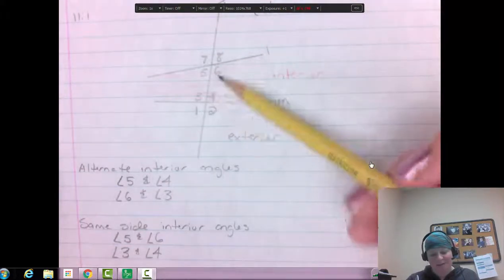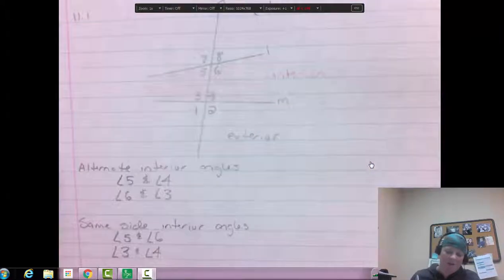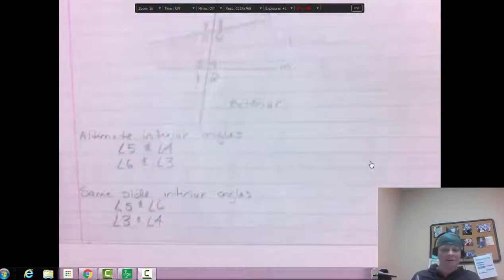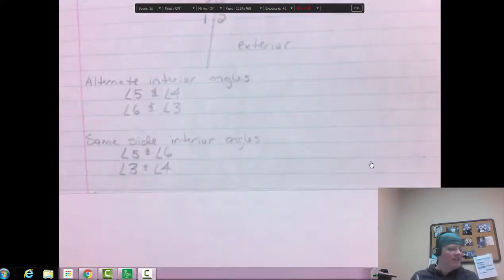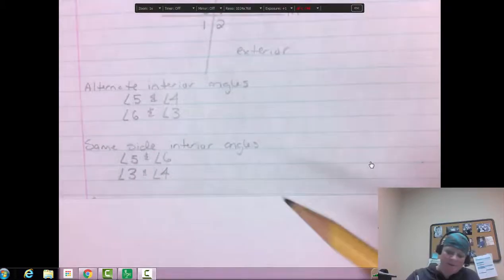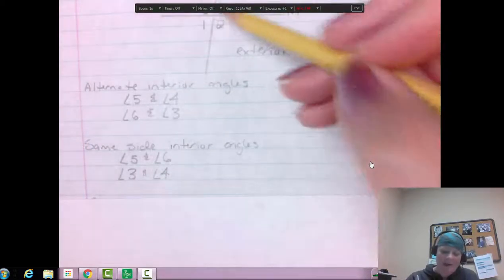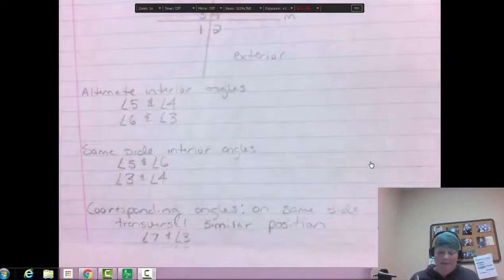These are considered same side interior too. I think I just didn't label all of them on my little definition there. Same side interior means they are on the same side and they're interior. So these two could be as well as this way. I didn't list them all, and I'm not sure why I stopped there.